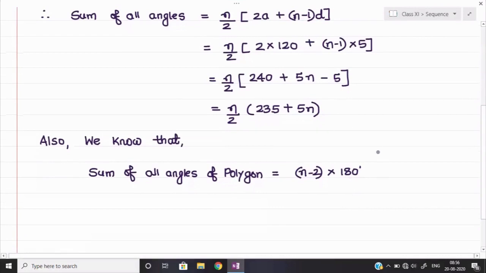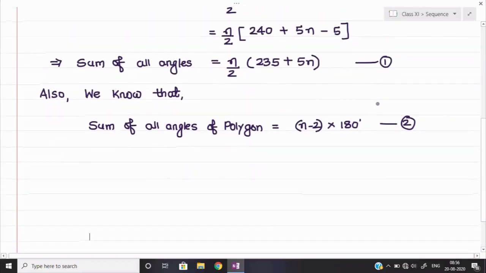Okay, so here I can say this is my equation number 2, and here also I got the sum of all angles with the help of the AP, so that is my equation number 1. Now since both are giving me the same value, it means that they are the same.